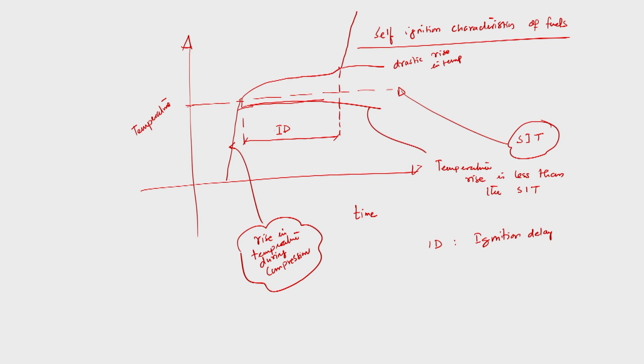That means the mixture will cool off when the temperature is less than SIT, with no combustion. If the temperature goes beyond the self ignition temperature, even then we can see from this figure that we require a certain amount of time, known as ignition delay, for the complete combustion. So, what is ignition delay?